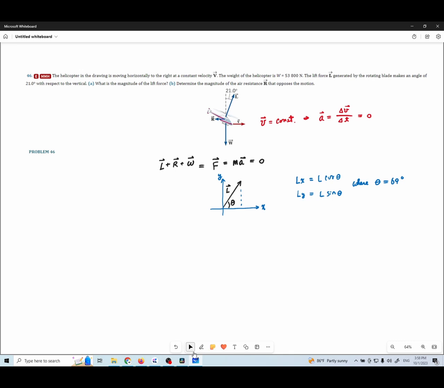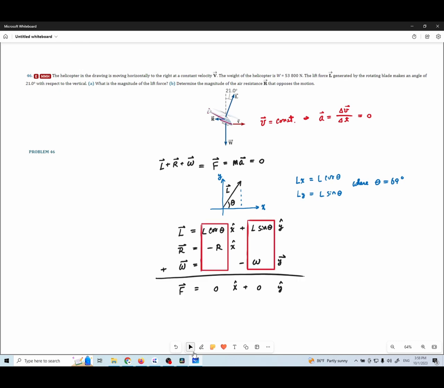We now have all the information we need to write down the component form for L. The other two vectors are more straightforward. After completing the vector addition, we have two simultaneous equations, the second of which will give you the answer for part A, and the first will give you the answer for part B. Do them in that sequence.